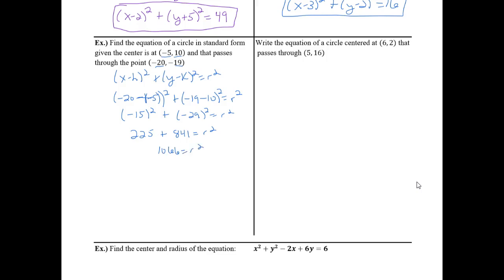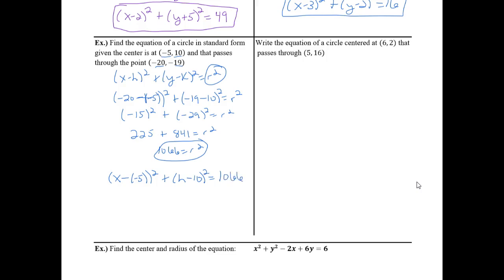Now, technically, you could take the square root of this to find r, but we don't really need to. What we need to plug into our equation is r squared, which is what we found. So to write my equation in standard form, I take x minus our h, which is negative 5 still, squared, plus y minus our k, which is still 10, equals r squared, which we just found was 1066.